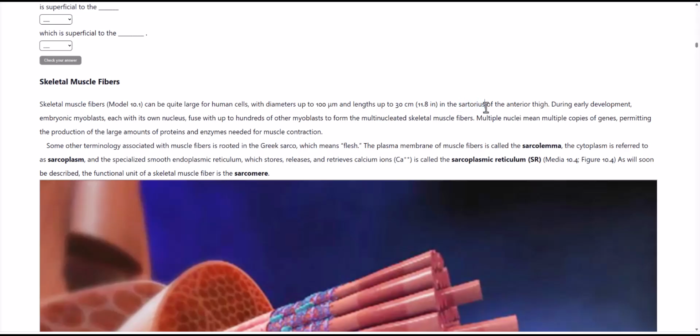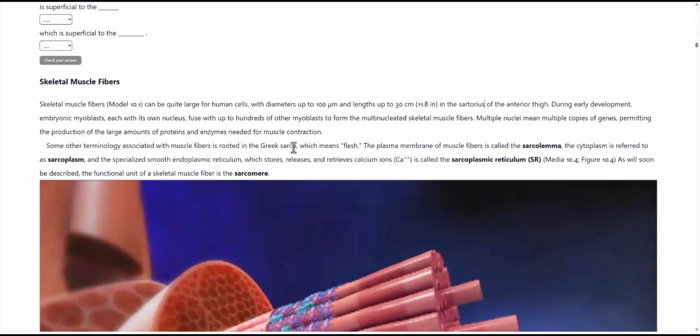And that means that your muscle cells are as long as the muscle is. So we're talking about hundreds and hundreds of cells linked end to end, maintaining their nucleus and allowing large amounts of proteins and enzymes to be produced along the length of that muscle for muscle contraction.